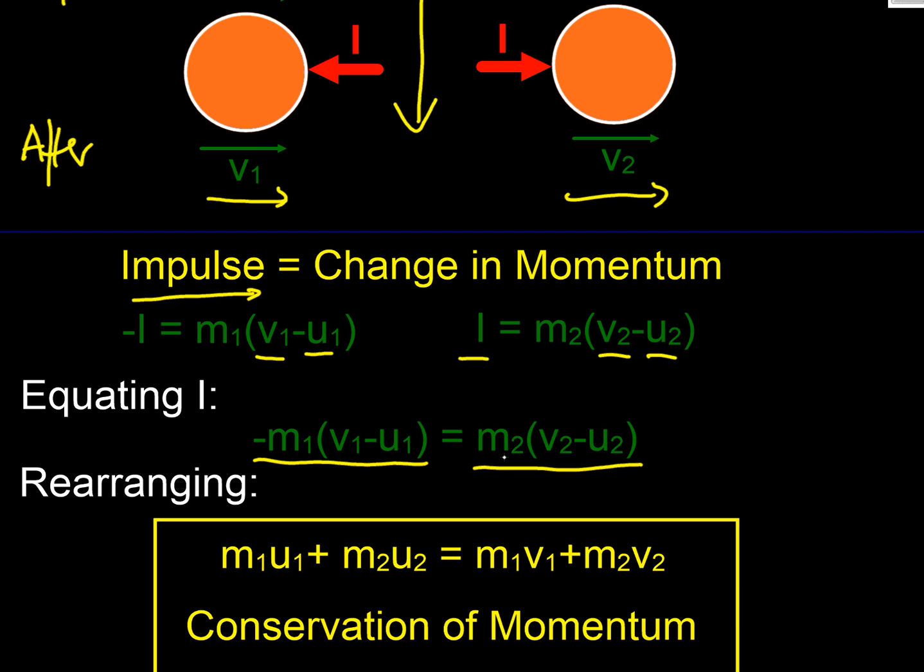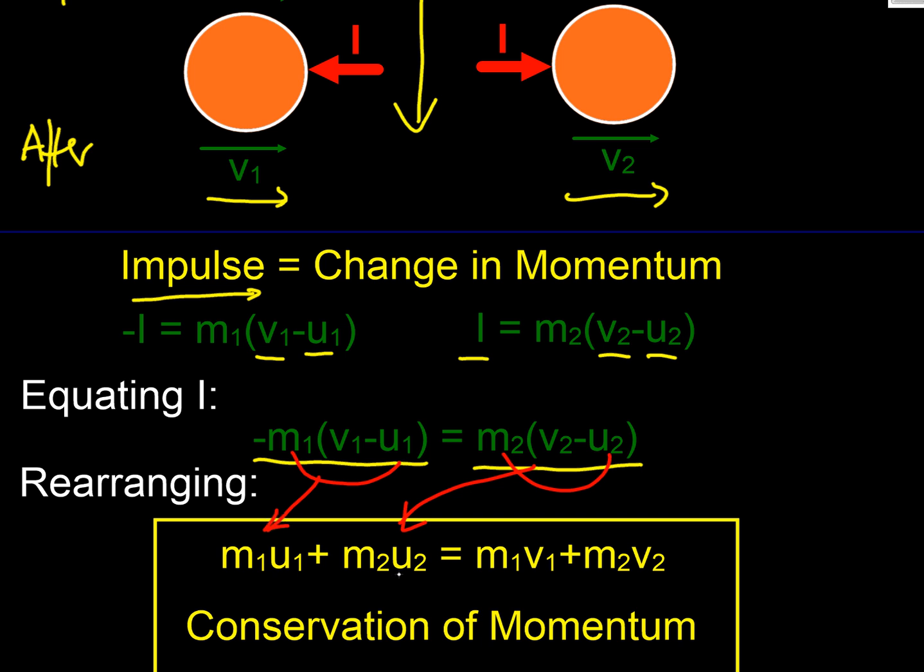Now I'm going to rearrange this because it's really important. On the left hand side, I'm going to put all the momentums from the before situation. So which ones have I got there? Well, I've got an m1u1 here. That's the momentum of the left hand ball. And over here I've got an m2u2. It's negative on the right hand side, so when I move it over it becomes positive.